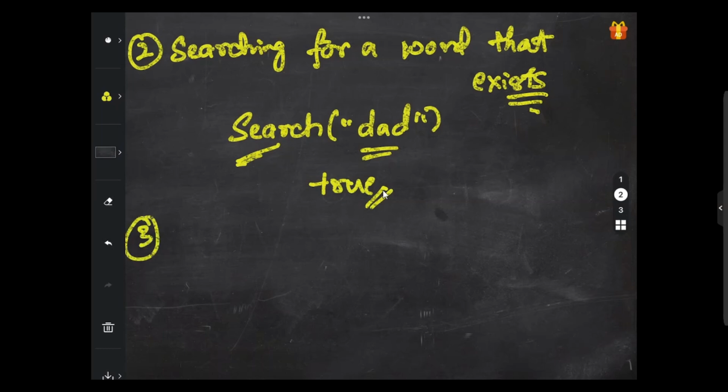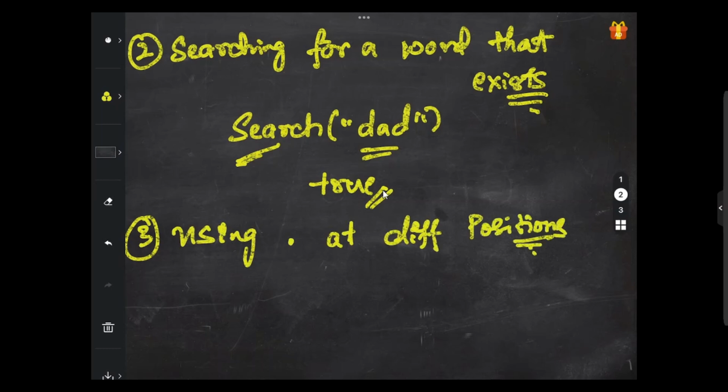So let's go with the third edge case, using dot at different positions. So suppose let me consider the example here, search of double dot d.